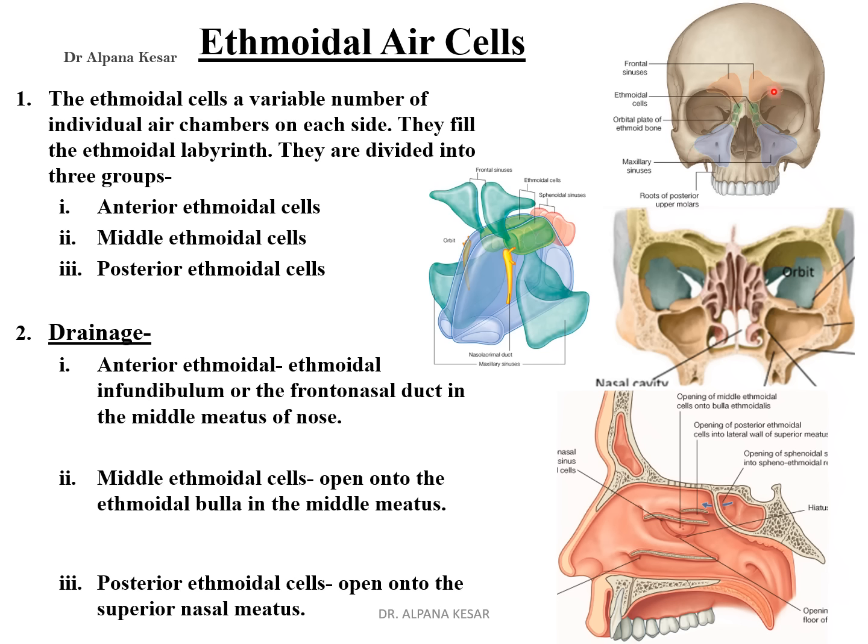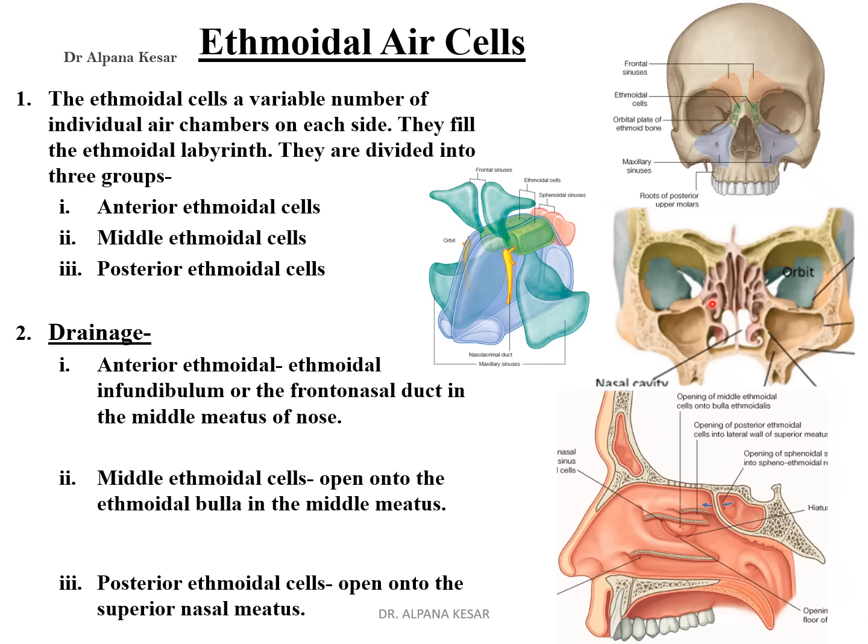So is in case of the frontal air sinus and the sphenoidal air sinus. Each one of them consists of a single air-filled chamber within the bone. However, ethmoidal air cells consist of several small air-filled spaces within the ethmoid bone, and thus it is called ethmoidal air cells.